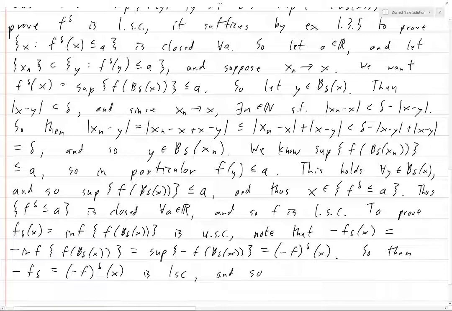And if you take a function which is lower semi-continuous, its negative is upper semi-continuous. And so negative of negative f lower delta, which is just f lower delta, is upper semi-continuous. And that's what we wanted.